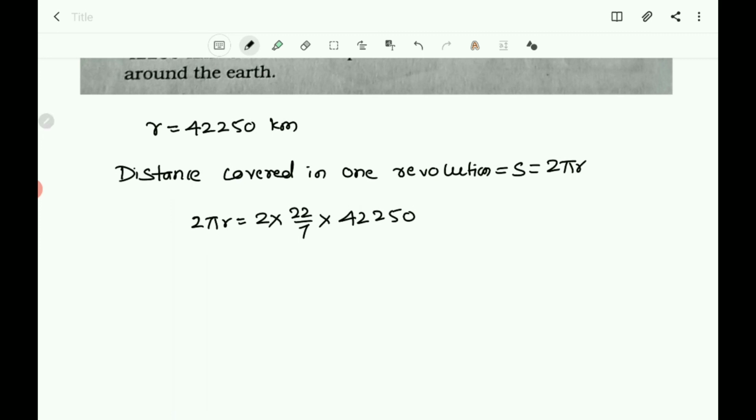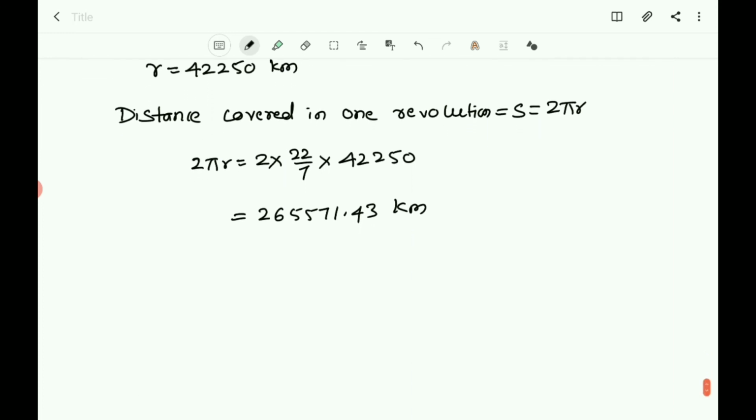If you multiply this you will get 2 into 22 into 42,250, and that becomes 2,65,571.43 km. You calculate it and verify here.